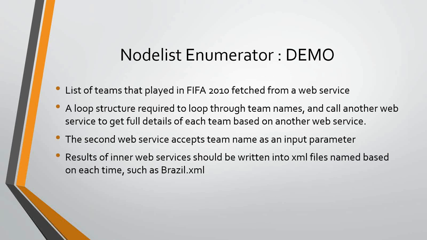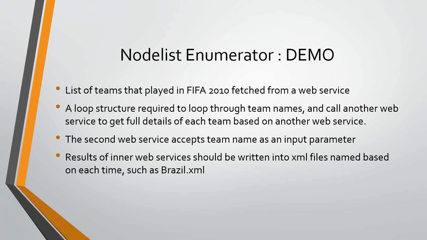As a demo here, I use this scenario. There is a list of teams that played in the FIFA World Cup 2010. I fetch that information from a web service. Then I use a loop structure to loop through each team name, and then I will call another web service. The second web service asks for a team name as an input variable and then provides a full description of that team, full details info of that team.